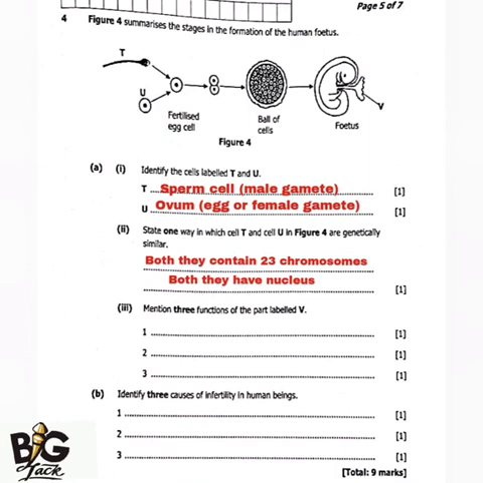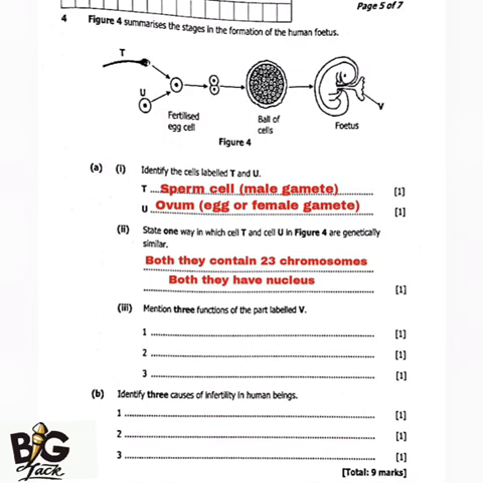Under genetics we have two types of cells. We have somatic cells, also known as body cells, which usually have a diploid number, which is 46. Then we have sex cells or gamete cells, which have the haploid number, 23. The haploid number is half of the diploid number.